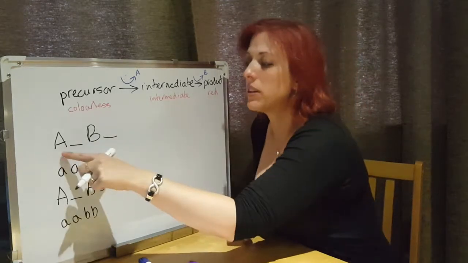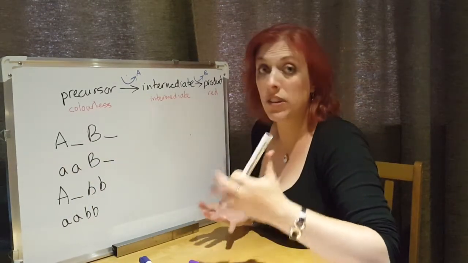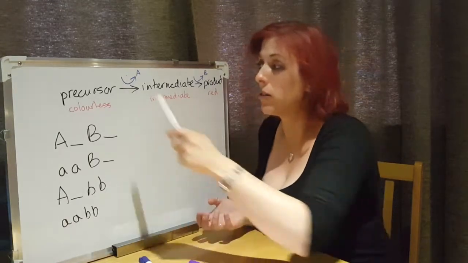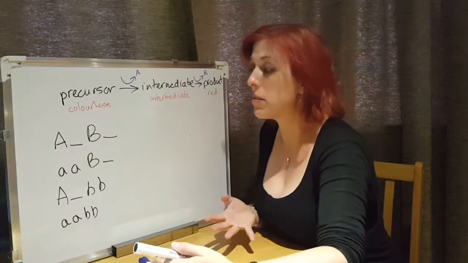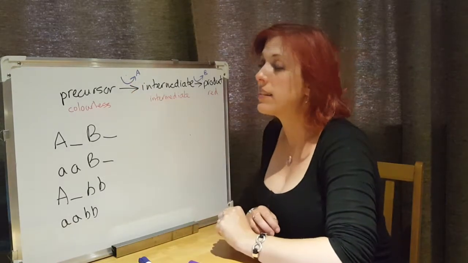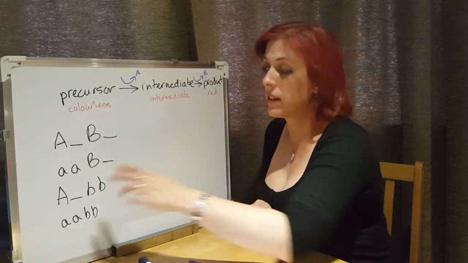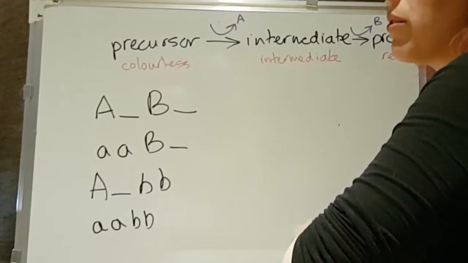So here we can look at what happens in the event that the recessive alleles are present. Now, if dominant A is an allele that codes for an active functional copy of the enzyme A that catalyses the precursor to the intermediate reaction, then if there is a recessive homozygous genotype, enzyme A will not be produced.